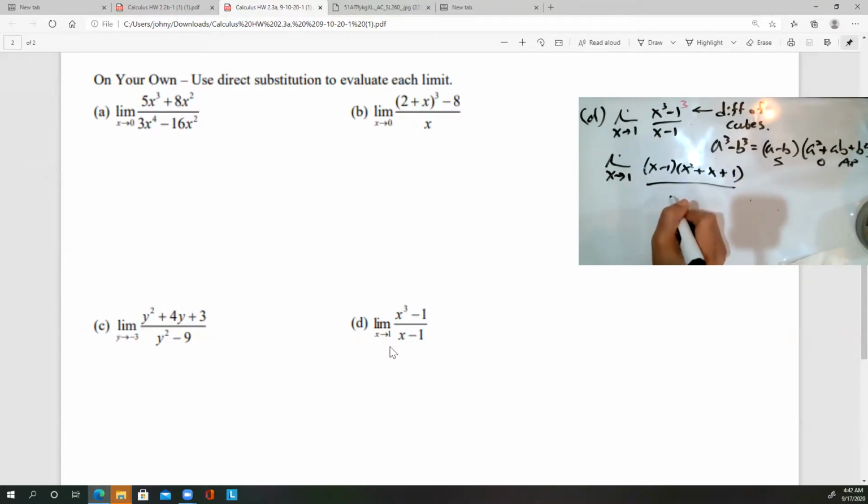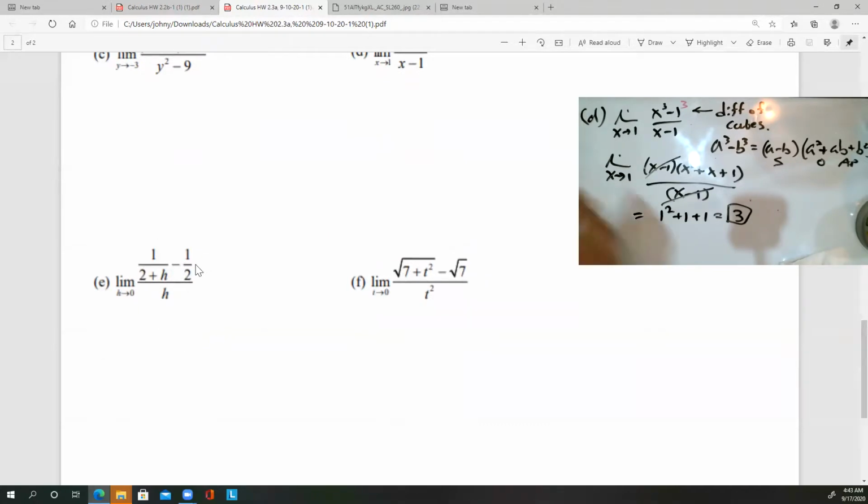You can slow that down if you want. Over x minus 1. Wow, this factor cancels with that factor. Now you can plug in 1 if you want. 1 squared plus 1 plus 1. 1 squared is 1. Plus another 1 plus another 1 equals 3. There it is.